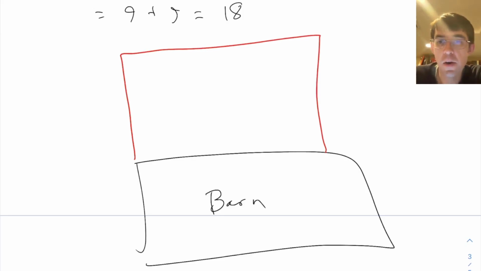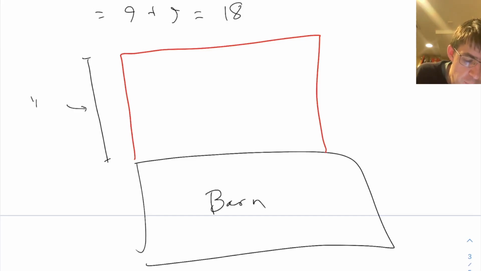It's a rectangular area of fencing, and part of it goes along the barn, so you don't have to fence in that part. And this part, the left side here, is only half price. That's the idea. All right. The other two sides, they have to pay full price. This is half price because that's along the neighbor's property line.